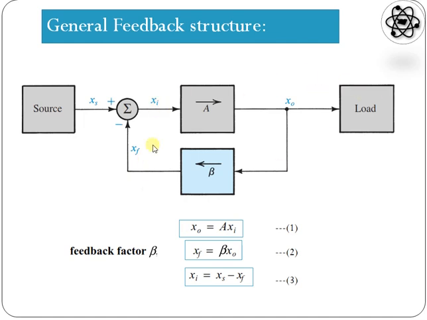So from this figure, what we can observe is that the forward transmission occurs entirely through the basic amplifier. This is the basic amplifier, and the reverse transmission occurs entirely through the feedback network. So this is the basic amplifier and this is the feedback network.